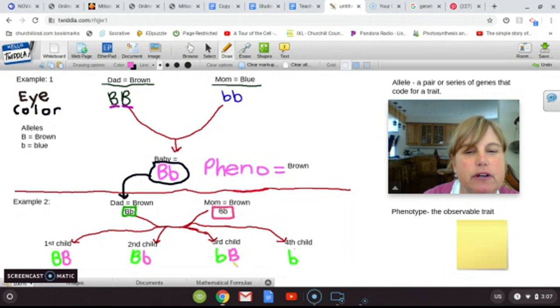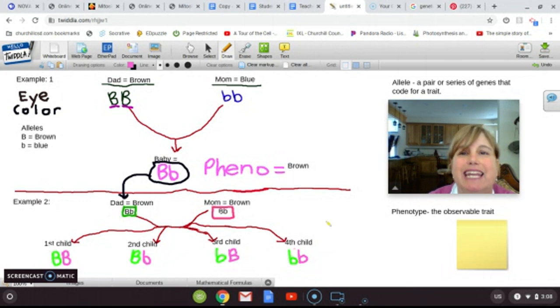Now, we usually put the capitals first, you don't usually see it written lowercase b, capital B, but I'm kind of going in order of mom and dad, but usually they just write capital B, lowercase b. And then mom is going to donate a lowercase b to the fourth child. So this gives us an example of the variety of children they could have.